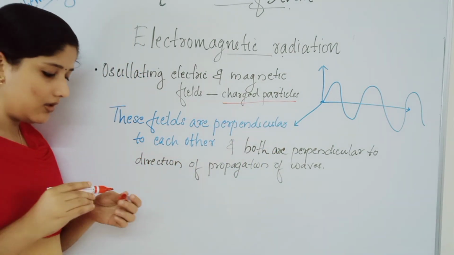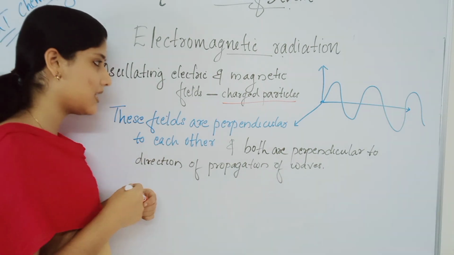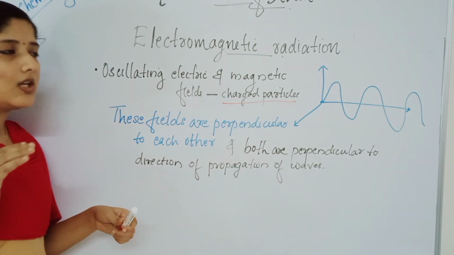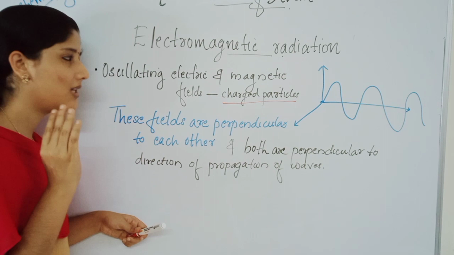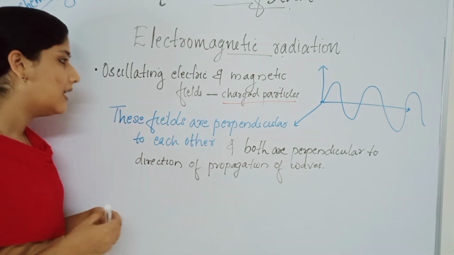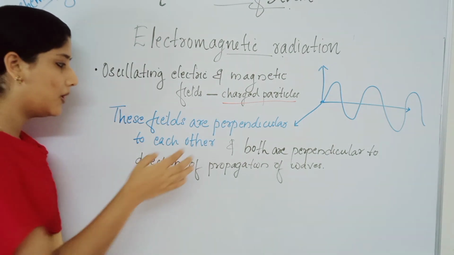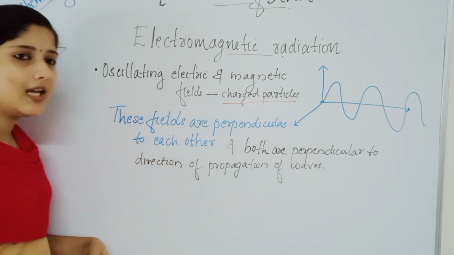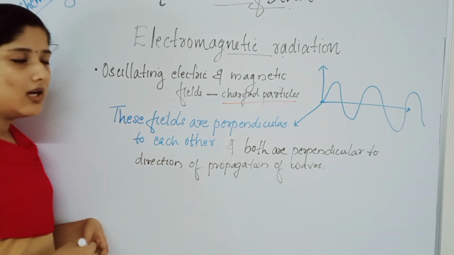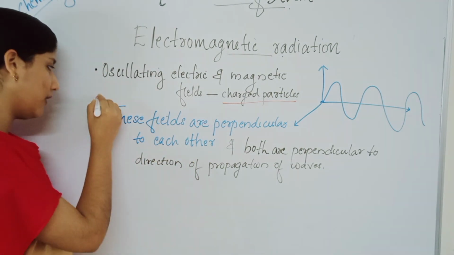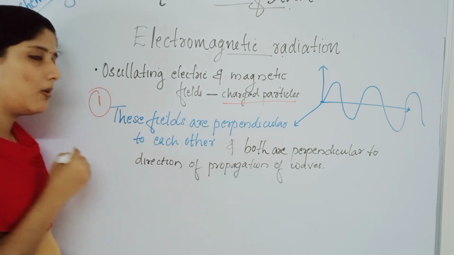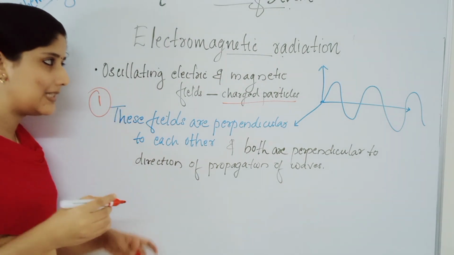These fields are perpendicular to each other and are both perpendicular to the direction of propagation of the wave. This is one of the important properties of electromagnetic radiation.